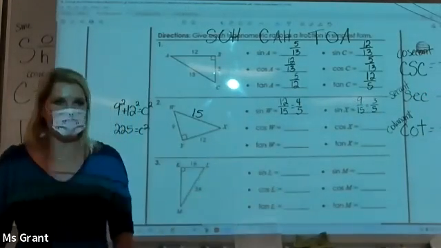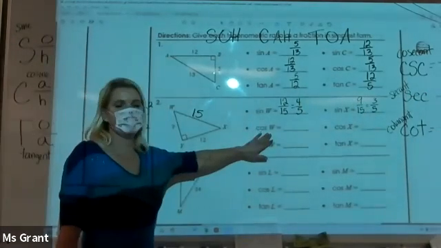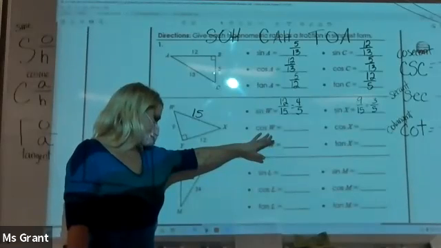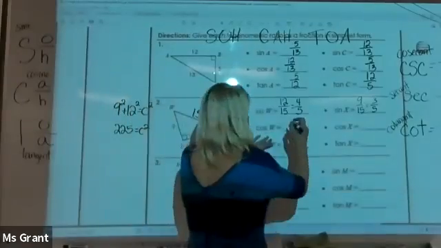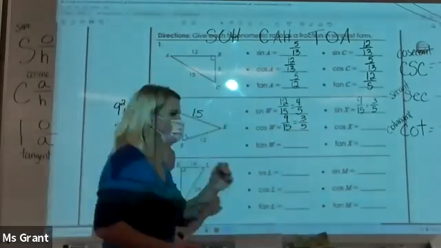Okay, you guys start helping me. I'm talking too much. Cosine of angle W is what? 3/5. 9 over 15 first. Yep, 3/5.